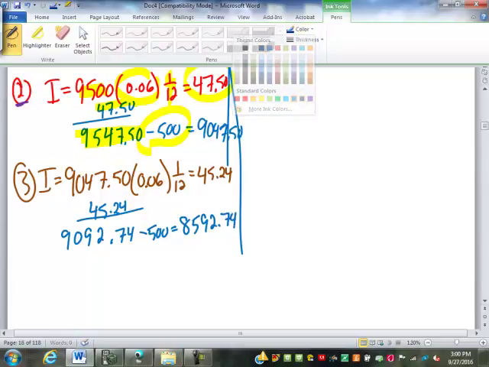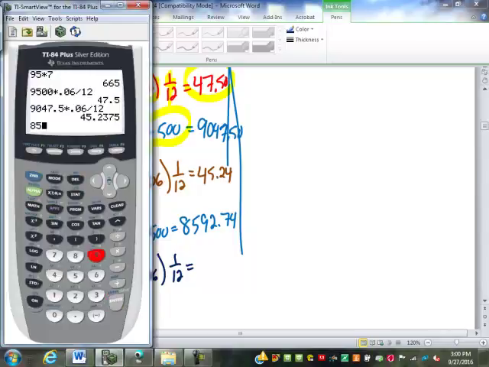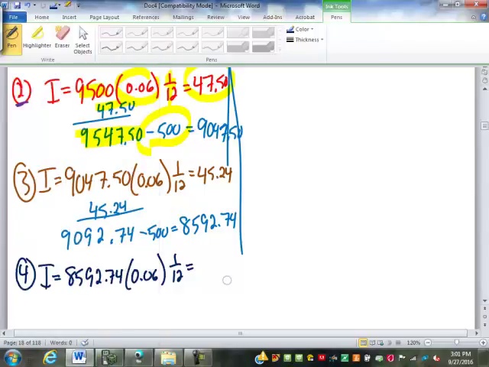We'll only go 1 more month, and then we're going to stop. So our fourth payment's at the beginning of the fourth month, or the end of the third month, however you want to look at it. The interest is going to be on the 8,592.74 times 0.06 times 1/12. $42.96.